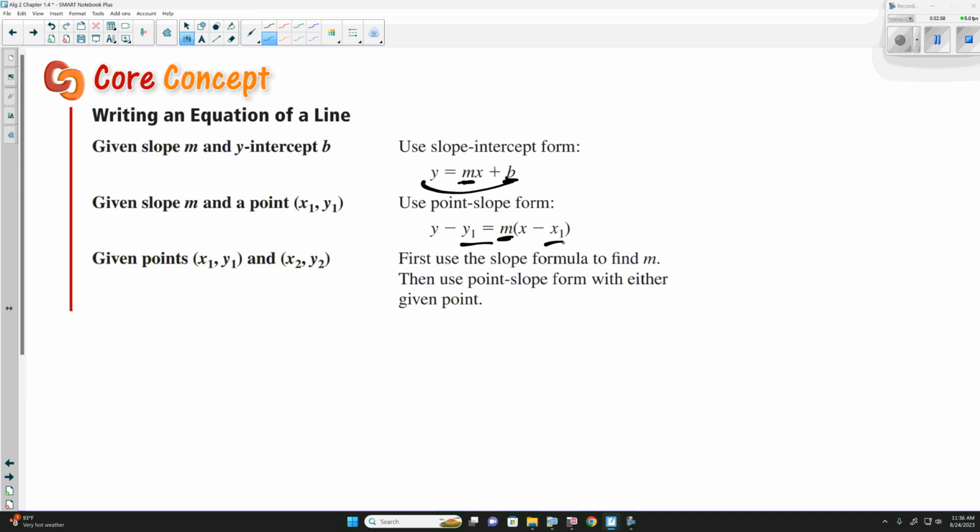And these two here are going to be the most useful equations, guys, ways to graph a line or find the equation of a line. Now the other piece we need is the slope formula. M is our y2 minus y1 over x2 minus x1. It's our change in y over the change in x.